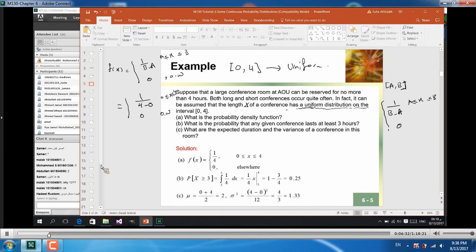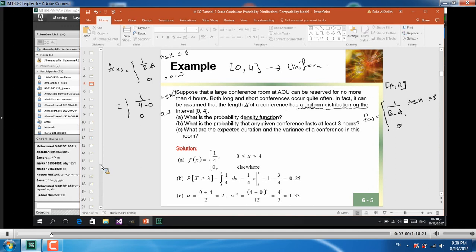Now the interval is 0 and 4. So 1 over 4 minus 0, which is 1 over 4 for x between 0 and 4, and 0 elsewhere. This is the formula for the distribution f of x. Okay, this is part A. What's the probability density function? Because it's continuous.